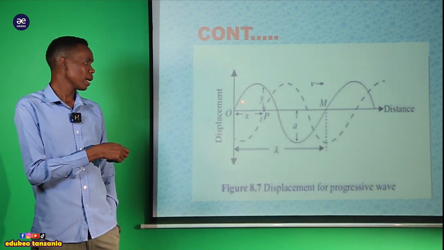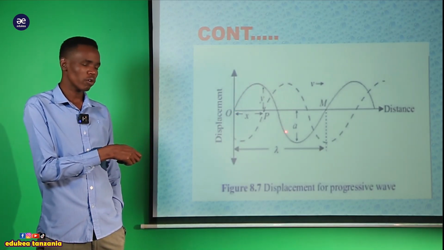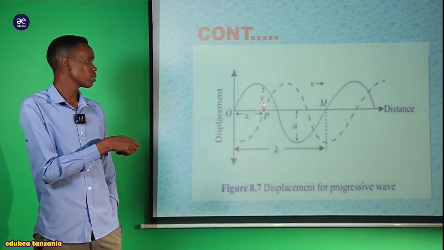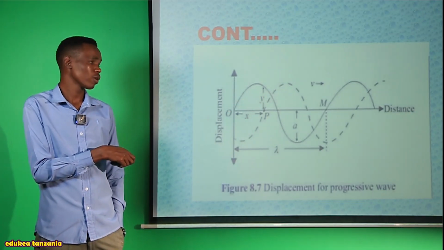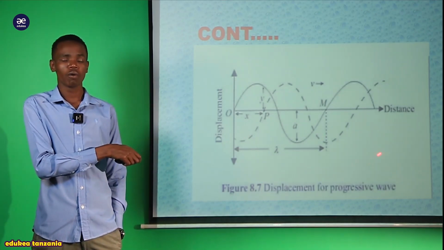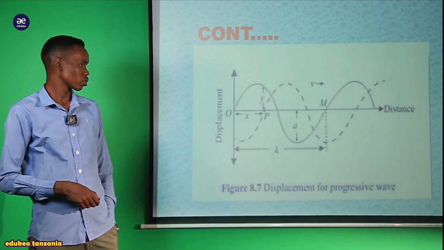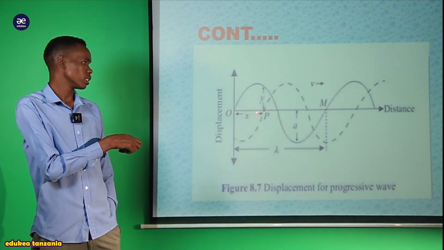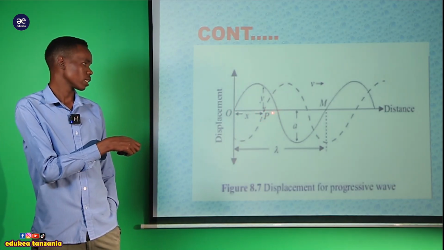Now we observe the particle here, the wave travels from left up to the right, my dear students. Kwa wave zetu tunaziona kabisa kwamba zinavyokuwa zina move kutoka upande wa kushoto kwenda upande wa kulia, as we see, my dear students. But also we have the point up here. Huyu point P yupo kwenye equilibrium position, as we observe, my dear students.